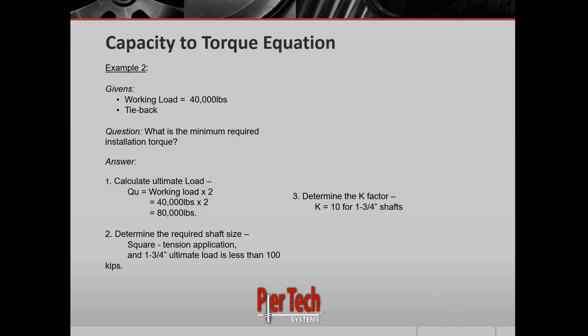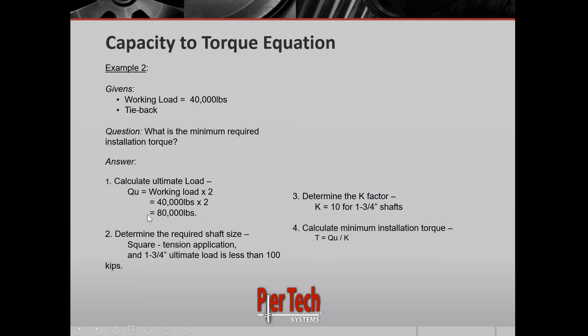Step 4, minimum torque. So now you can calculate your minimum torque. I'll give you a couple seconds to do that. All right, so minimum torque is simply the ultimate load divided by the K factor. So QU again is the ultimate load, and you divide it by the K factor.